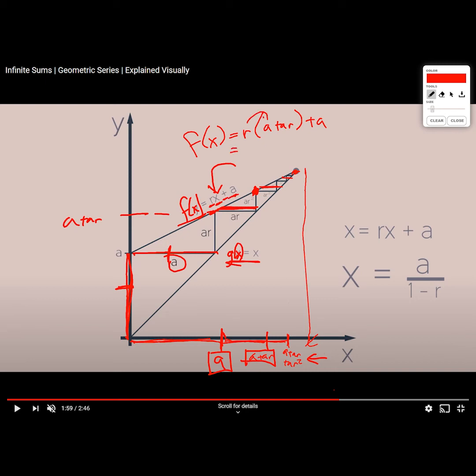If I distribute, I get, and I'm putting the a's first on purpose, ar plus ar squared plus a, which rearranged is a plus ar plus ar squared, for the height of this point right here.